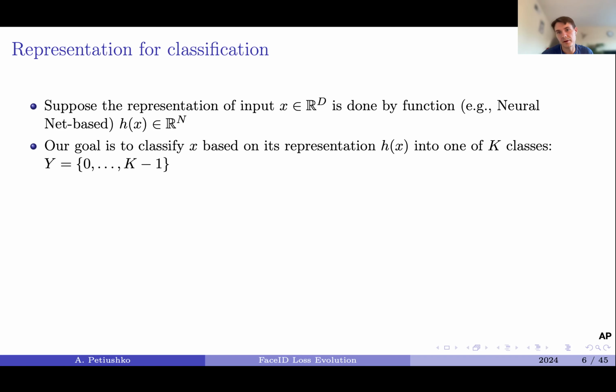Usually it can even be 0. So it's just a multiplication of the representation by some matrix, and this matrix has K rows. And our probabilities are Q, the softmax of L, where L is equal to W multiplied by h(x) plus b.